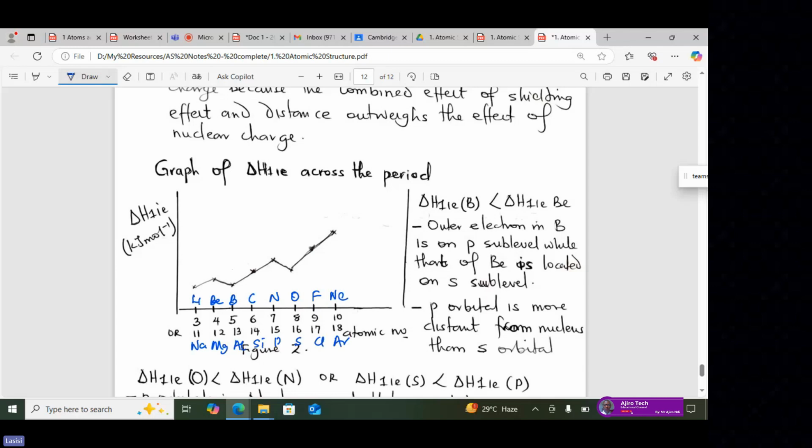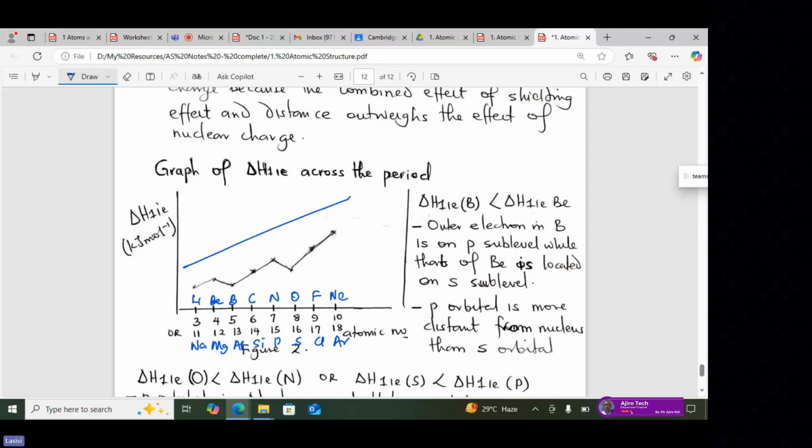There are some fluctuations along the line. It's supposed to be increasing like this. It's increasing truly, but there are some fluctuations along the line. Is that correct? Yes.